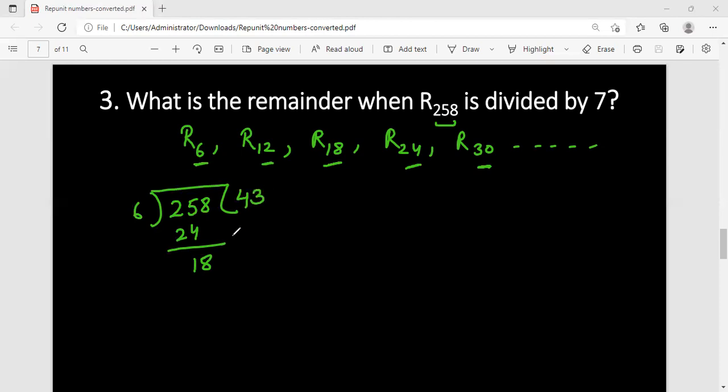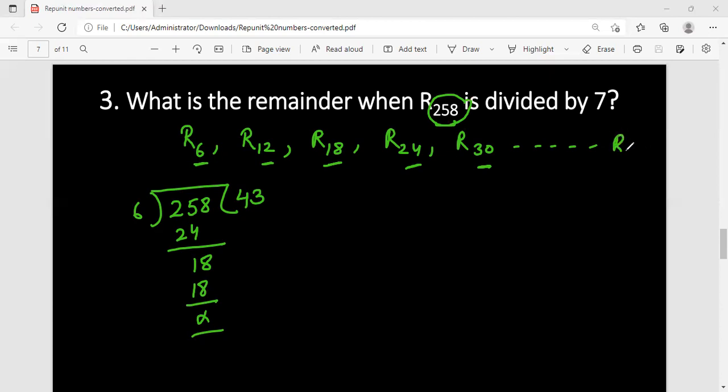So 6 3s are 18. So can I say that my 258 is also a multiple of 6? ये भी 6 से डिविजिबल है, ये 6 के टेबल में डेफिनेटली आने वाला है.